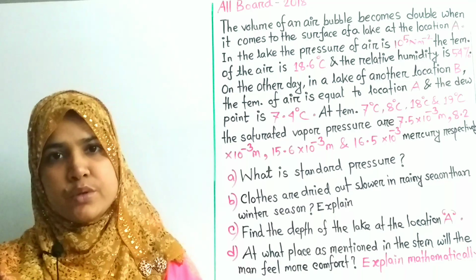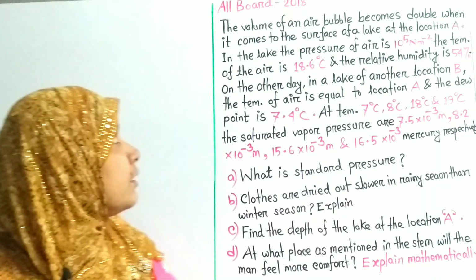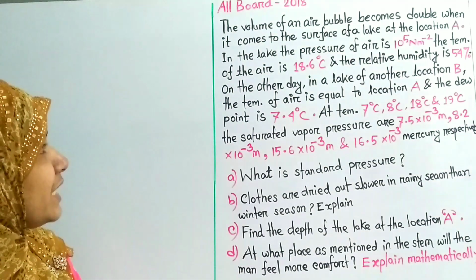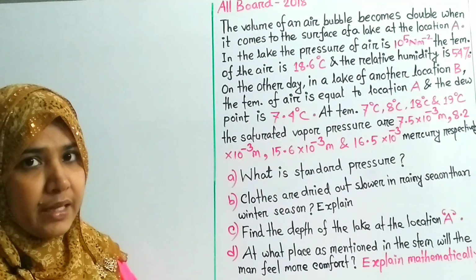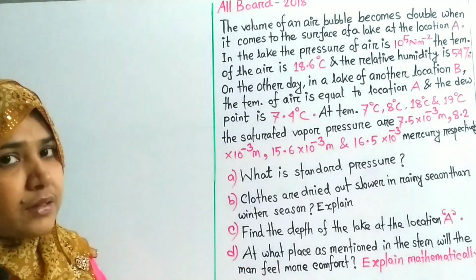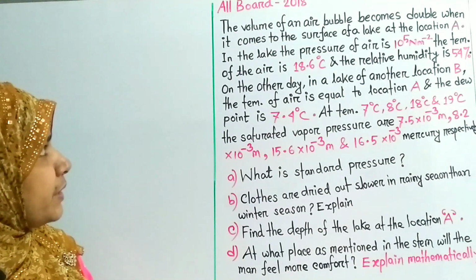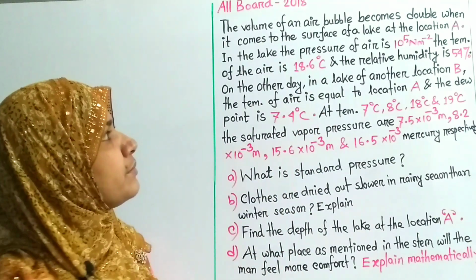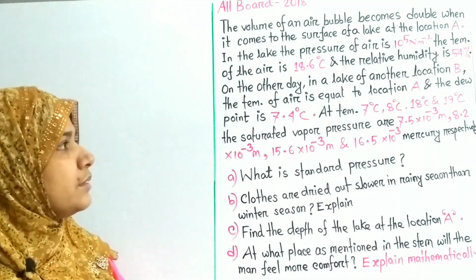Today's first creative question is from All Board 2018, and the question is: the volume of an air bubble becomes double when it comes to the surface of a lake at location A. In the lake, the pressure of air is 10 to the power 5 Newton per meter square, the temperature of the air is 18.6 degrees Celsius and the relative humidity is 54%.